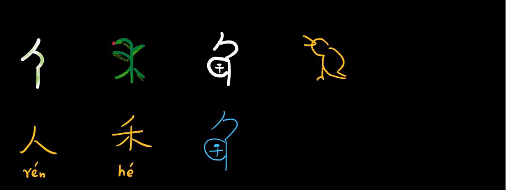So the word pregnant is written like this. 孕. And this part in the belly has a person. So when we see this, that's a belly and that's a little child.